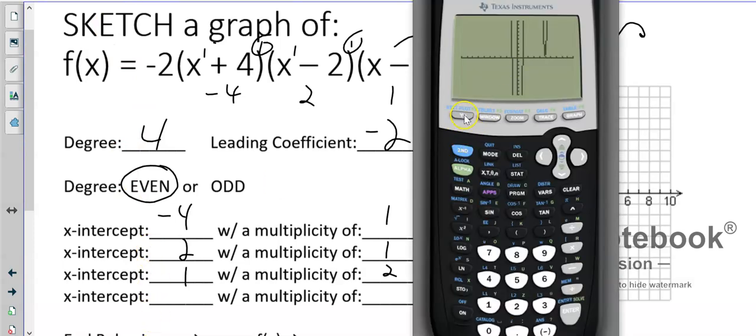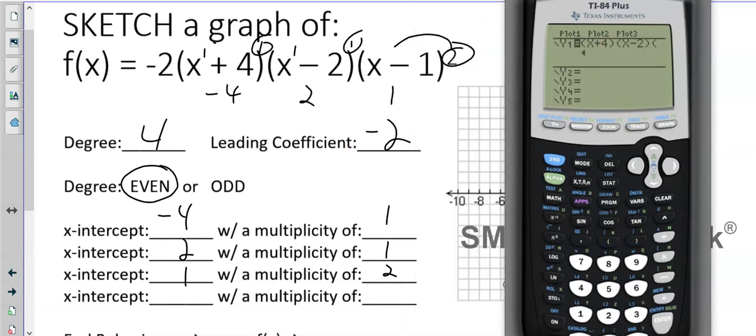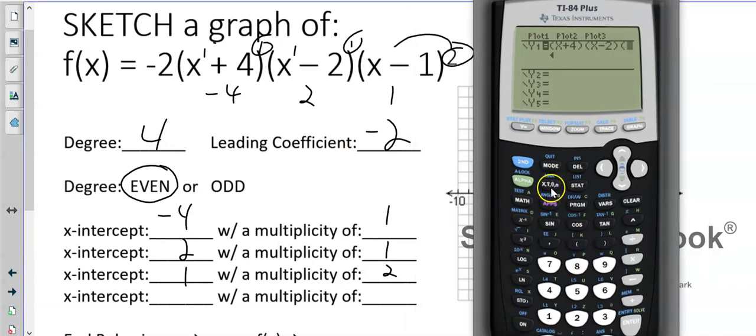So, y equals, clear it out, -2, great negative key, 2, parentheses, x plus 4, x minus 2, x minus 1, and we're going to square that and graph it.